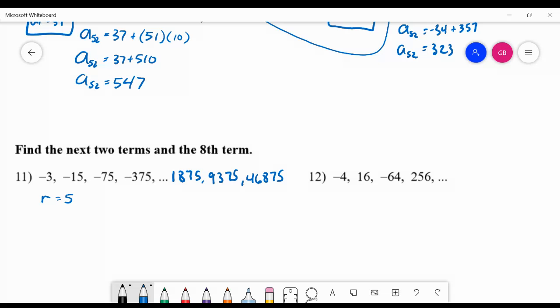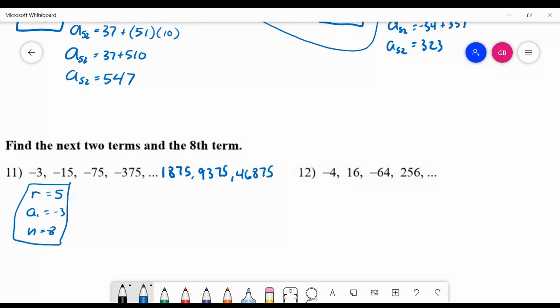So the common ratio is 5. The first term is negative 3, and the n is going to be 8, since we're looking for the eighth term. Now the formula is a sub n is equal to a sub 1 times r to the power of n minus 1. So this one's geometric. It has its own formula.